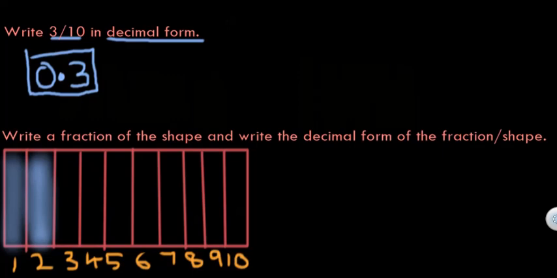Good. Then I shaded 1 and 2 parts. So it's 2 over 10. This is in fraction form. And in decimal form, as I said, no whole, so 0, and then the decimal point, and then the numerator of the fraction, or the number of parts shaded in the shape, and that's 2.